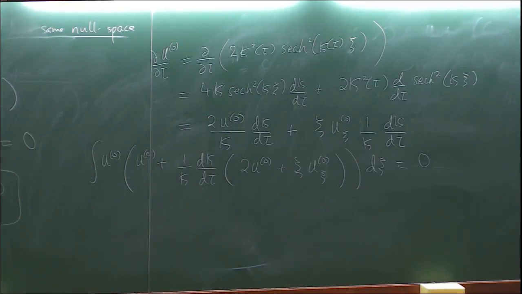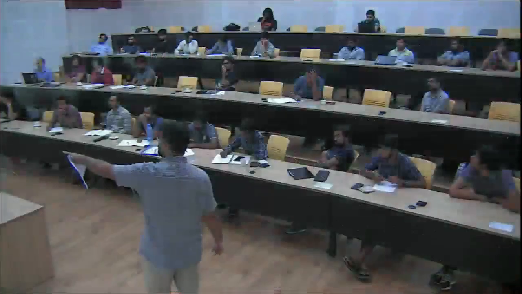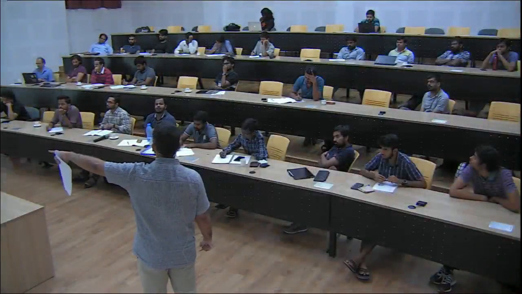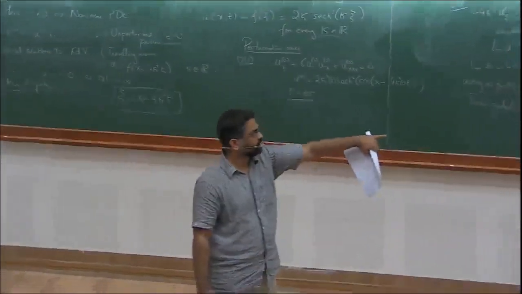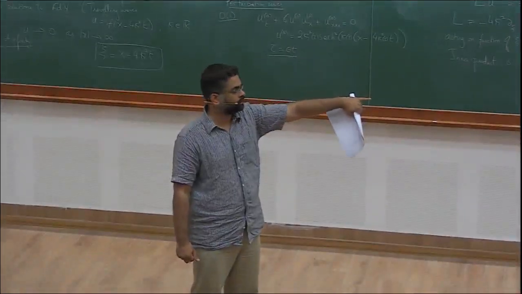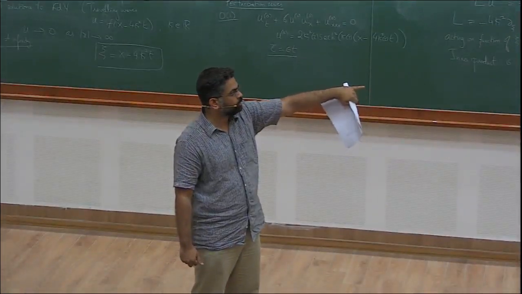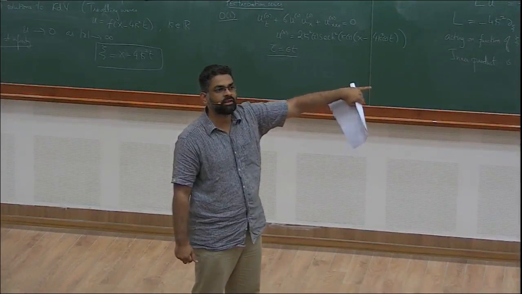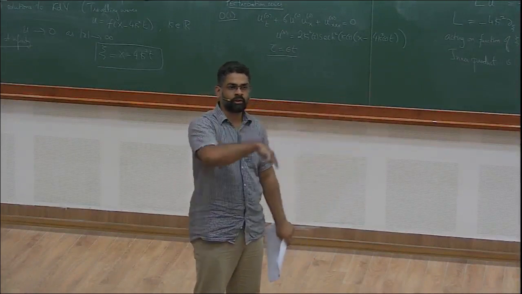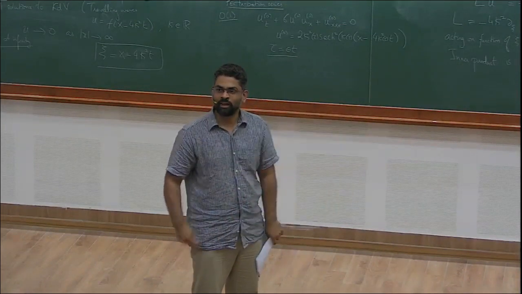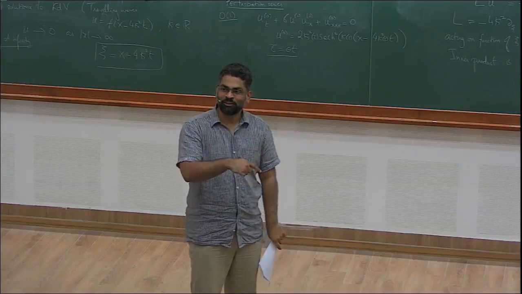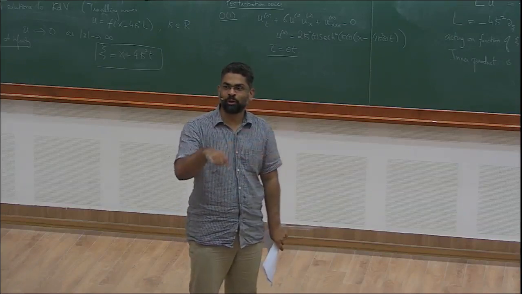The advantage is I never actually have to do the integral. So if I multiply everything out, I have an integral of u0 squared, and then another integral of 2 u0 squared, and then an integral of u0 xi u0, do integration by parts, and that'll turn into u0 squared.